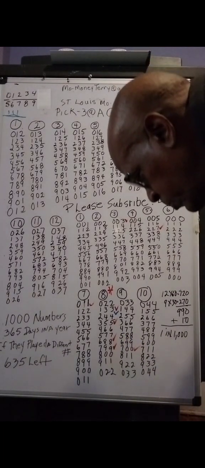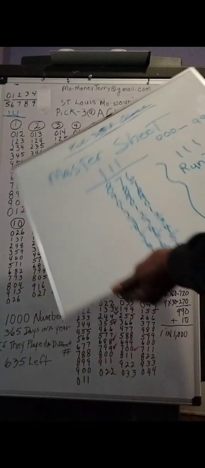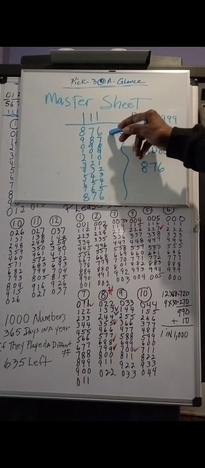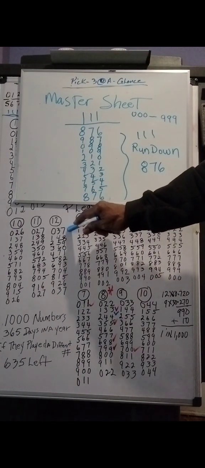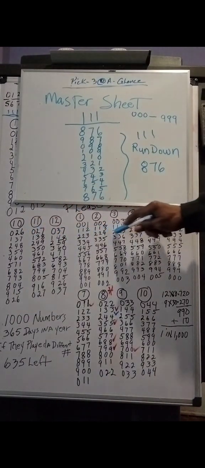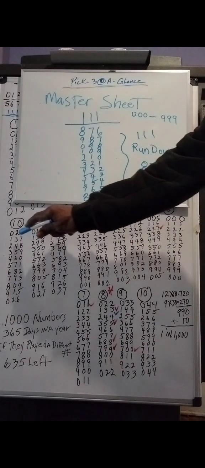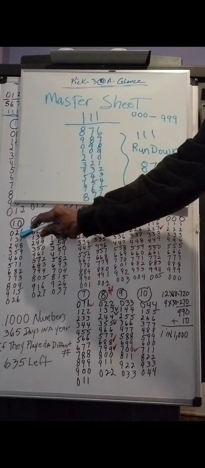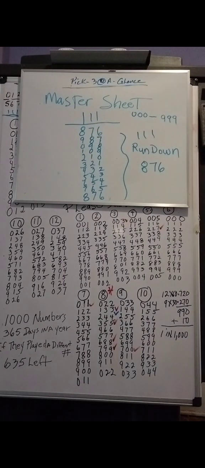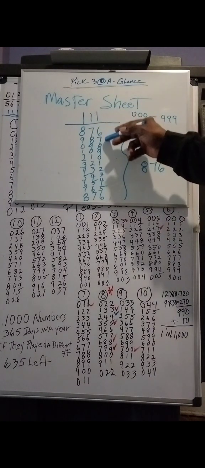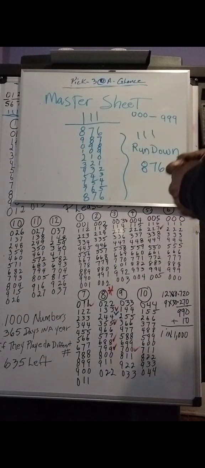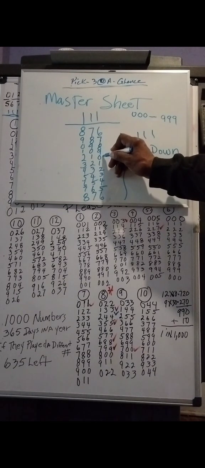Now, when you do the 1-1 rundown on any winning number that comes in for that day, one of these base numbers will always be in that rundown. It might not be in the same order as it is here. Just like here on the 876, you'll see that one of the base numbers in column 1 is 012. So here it is, 210.